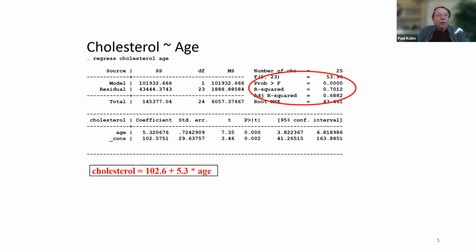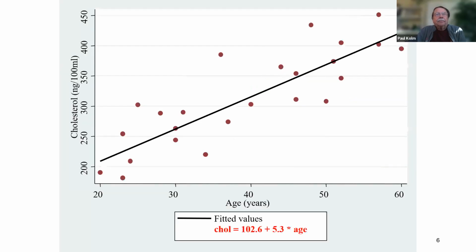And so we would write our formula to look like this. Cholesterol equals 102.6 plus 5.3 times age. So we can get a predicted value for each subject's age.